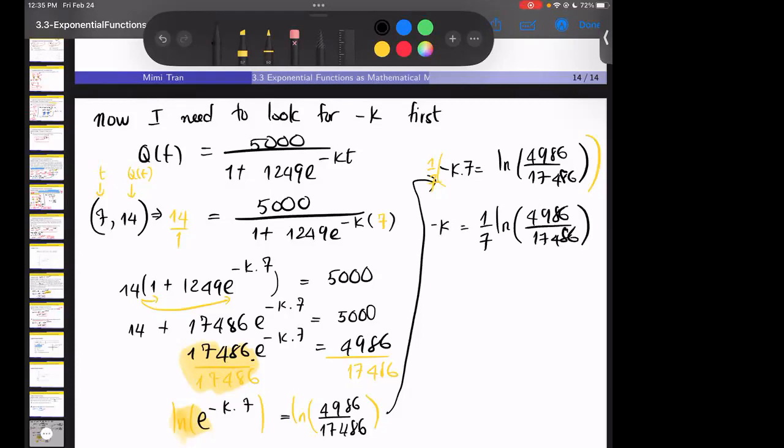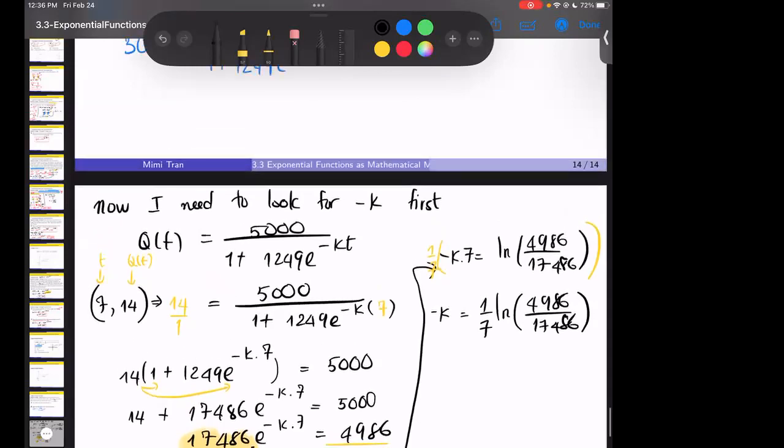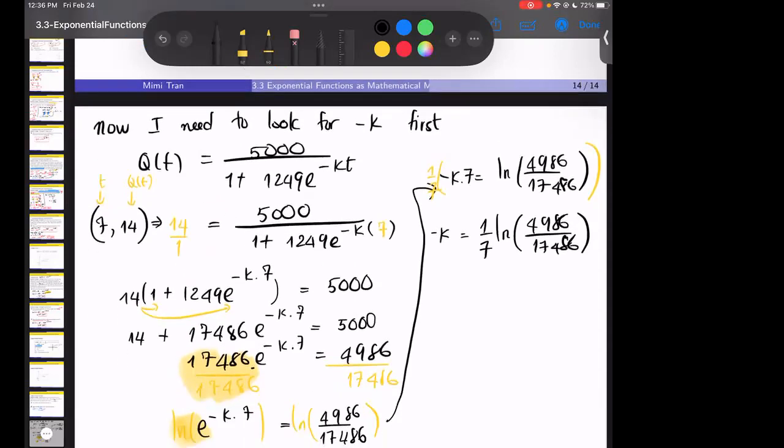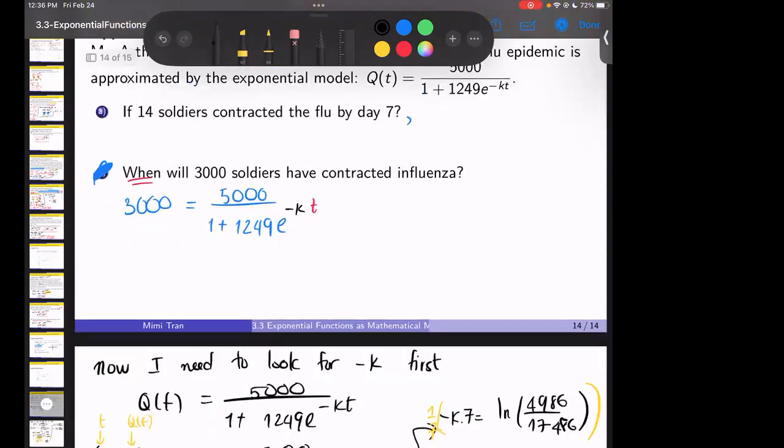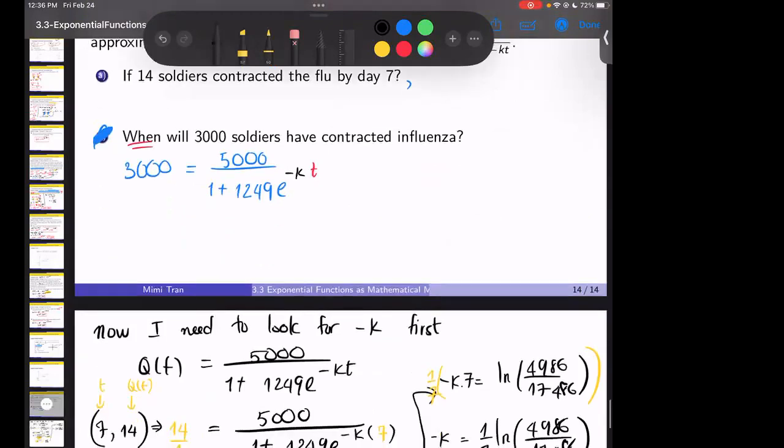That's quite a constant. You know what? I'll show you my trick to calculate this one without having to worry about too many errors. I'll wait for you to finish writing that down. All right, so you got your negative K. Now you can go ahead and plug it in.